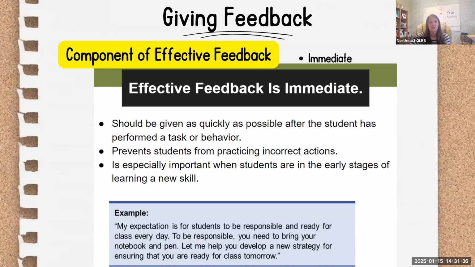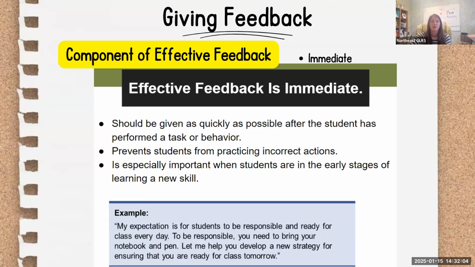My expectation is for students to be responsible and ready for class every day. To be responsible, you need to bring your notebook and your pen. Let me help you develop a new strategy for ensuring that you are ready for class tomorrow. So you recognize that that student is not prepared, is not equipped to complete any work in class today, maybe because they have not brought their materials.